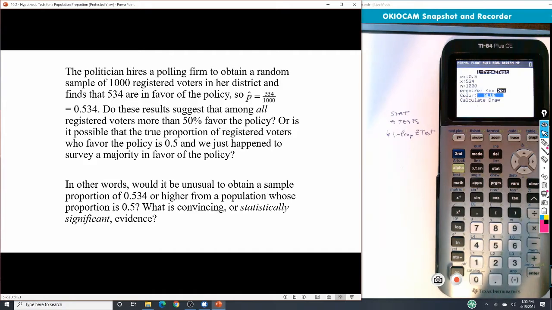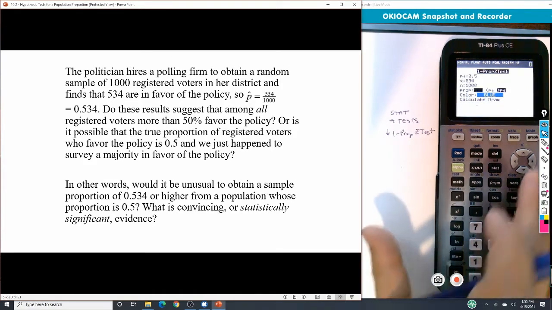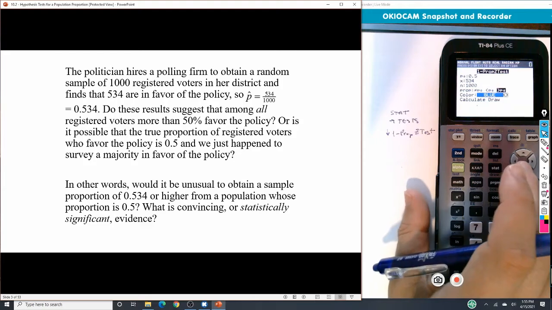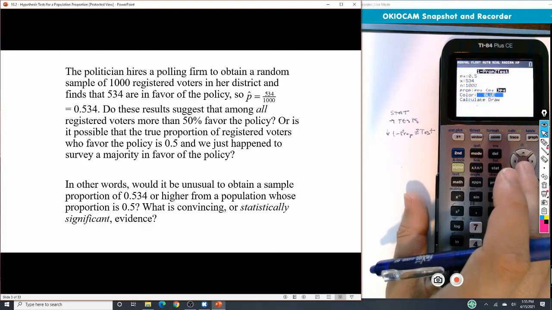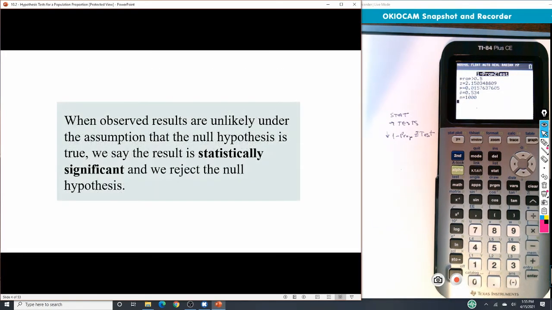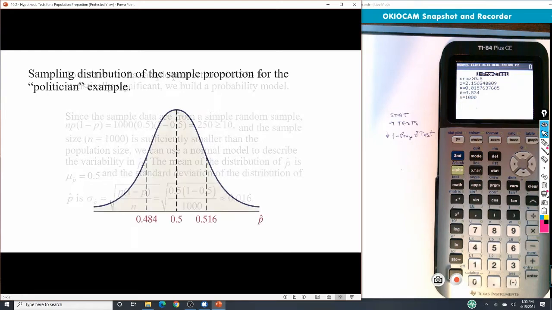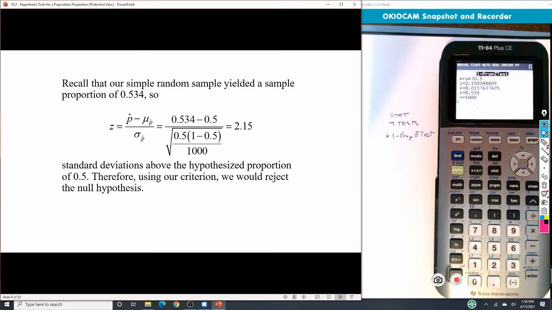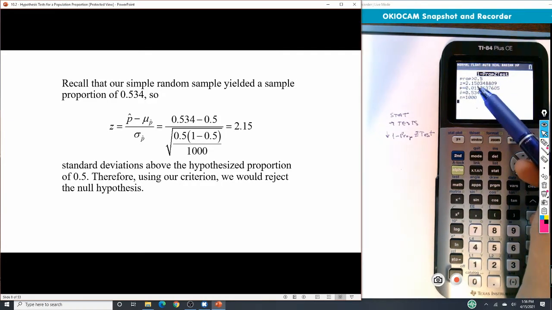Is it actually greater all the time or not? So we're going to go over and make sure that the greater than is selected. Now we're not going to care about the drawing or the color. We're just going to go down to calculate and it's going to spit out our answers. Now we go back through our pieces here. All right, so here we see that z is 2.15, just as was calculated by hand.